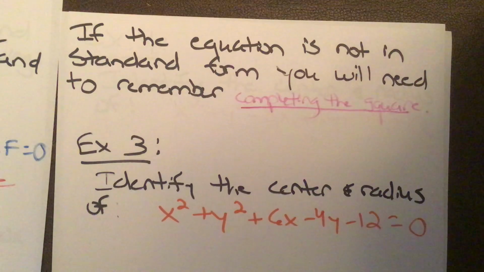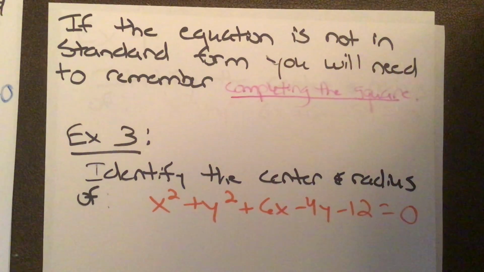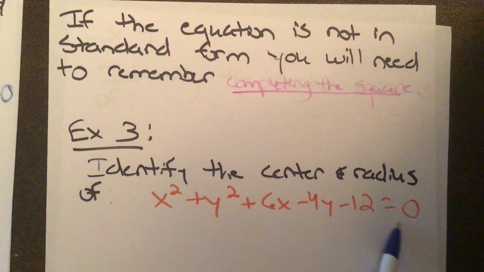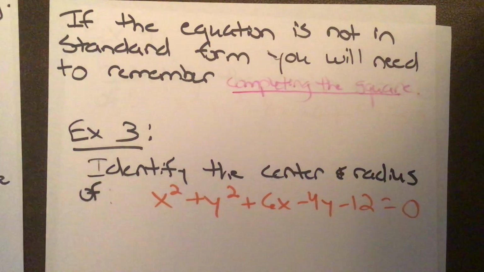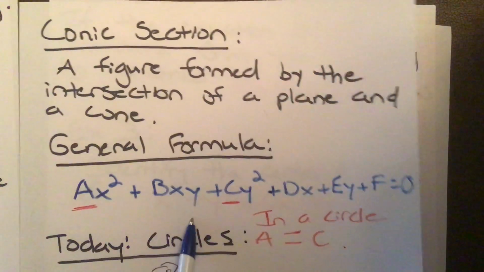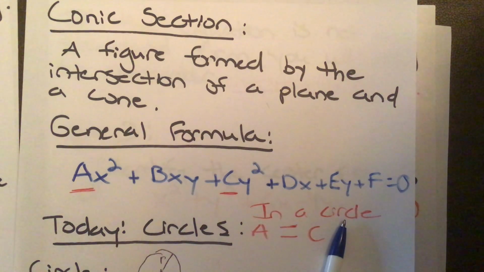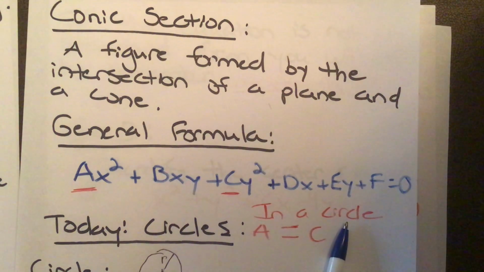I'll refresh you on how to do that here. So example 3 says identify the center and the radius of this equation. So this is going back to this general form thing that I referenced at the beginning, where you're going to see these big ugly looking equations.